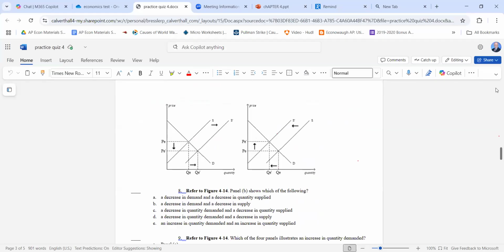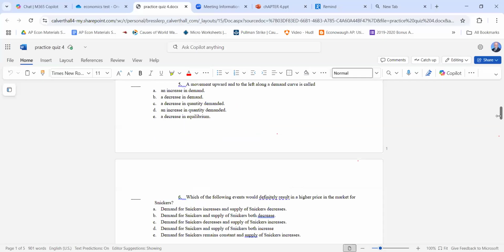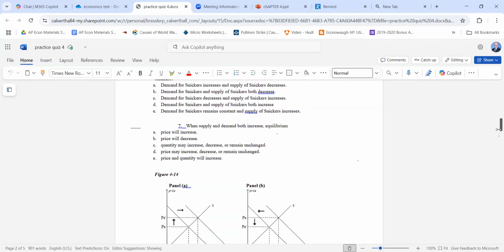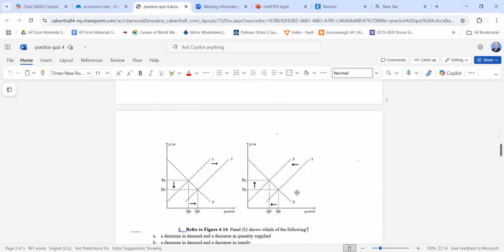All right, 3 and 5. Let's see which one we get to first. 5. A movement upward and to the left along a demand curve is, I'm going to scroll down here. I'm going to look at the graph on the right.